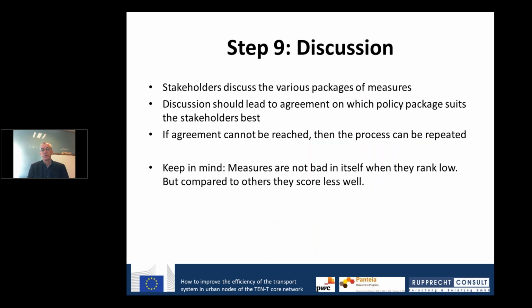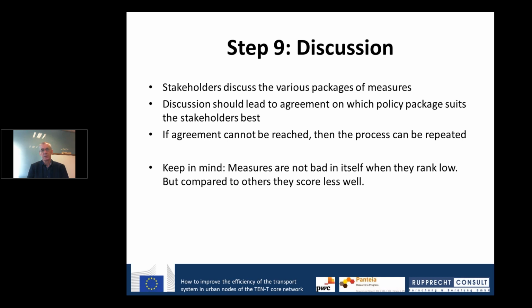Based upon these results, a discussion took place. We discussed the various measures in this case, and the discussion on the results should lead to an agreement on which policy package or which policy measures suits the stakeholders best. If an agreement cannot be reached, then the process could be repeated, but our experience is that up to now, most stakeholders sort of had a consensus on the list of policy measures.